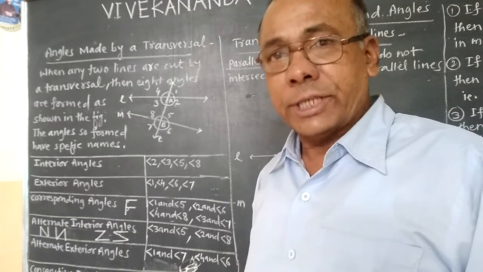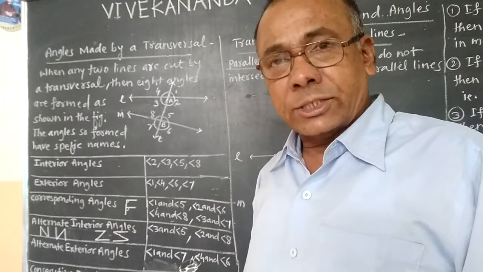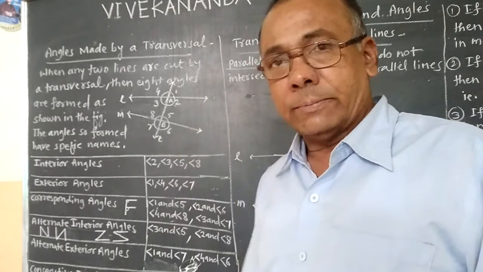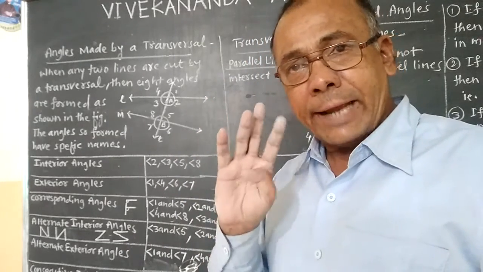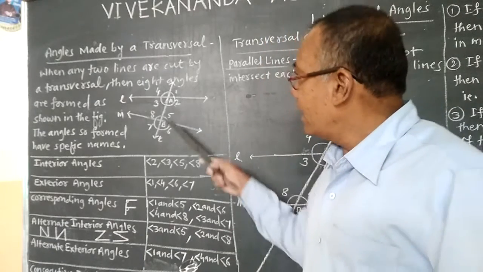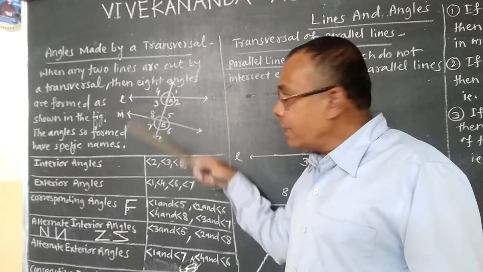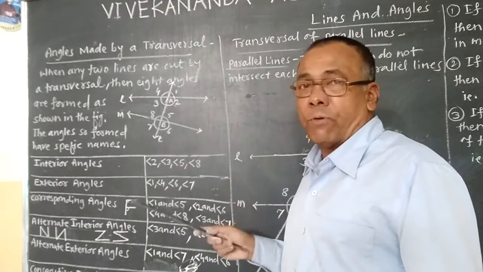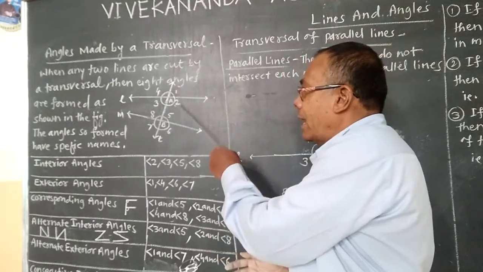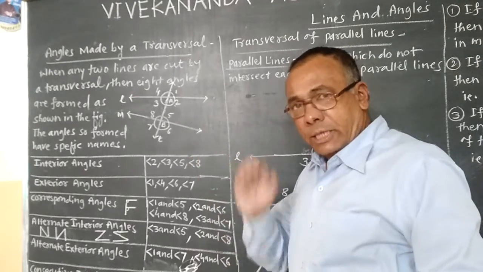And also we have seen that due to the transversal of the two lines, we get 8 angles. That means at point A, 4 angles are formed: angle 1, angle 2, angle 3 and angle 4.